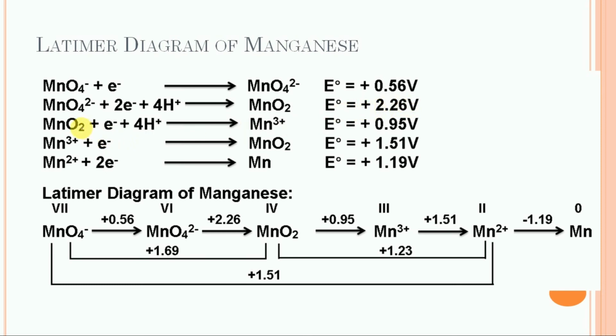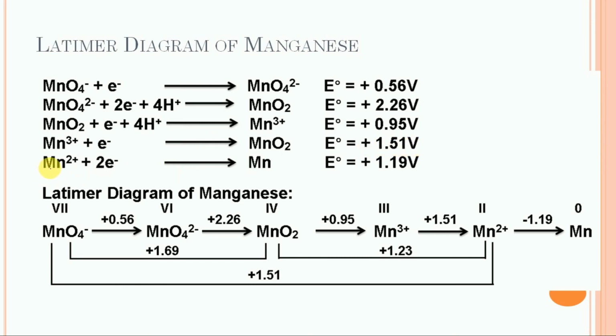Then this equation shows the change of manganese from oxidation state 4 to oxidation state 3, and the electrode potential is equal to 0.95 volt in this case. This equation shows the change of oxidation state from 3 positive to 2 positive, and the electrode potential is equal to plus 1.51 volt.